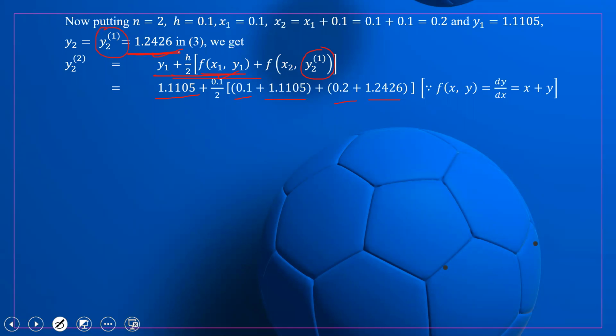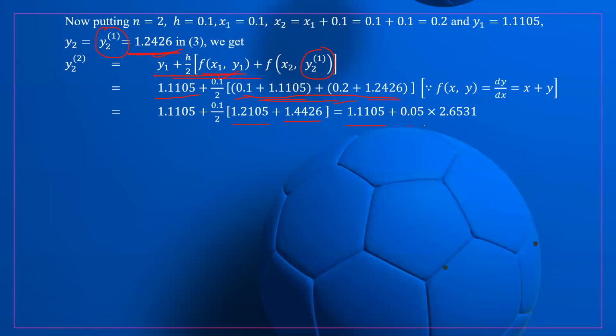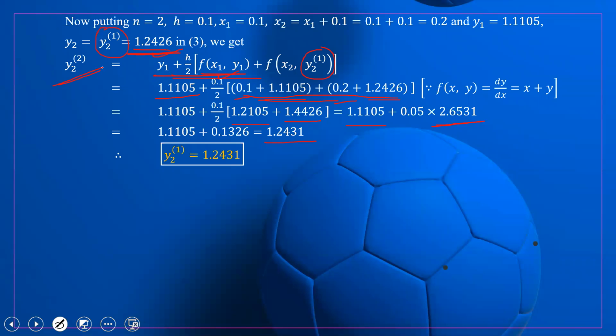Okay, so 1.1105 plus, now we add these four things, we are getting this 1.1105 plus 0.05 into 2.6531. And if we simplify, what we are getting, 1.2431. Okay, so it is this third approximate value of y2.